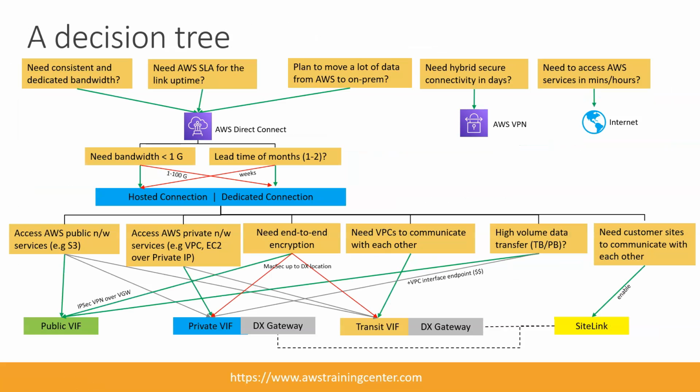It is self-explanatory and we have already covered the explanation for making these choices in the earlier video and this video. So I hope that should be clear to you. This decision tree will help you decide whether you should go for a hosted or a dedicated connection, and once you decide that, whether you should use a public VIF, a private VIF or a transit VIF. So I hope that is useful.